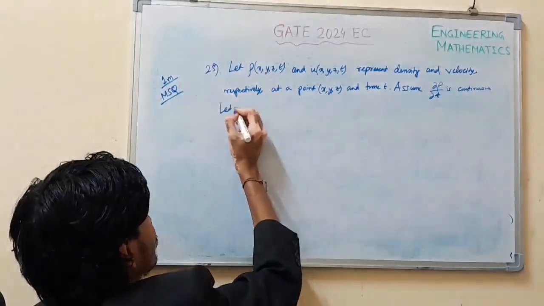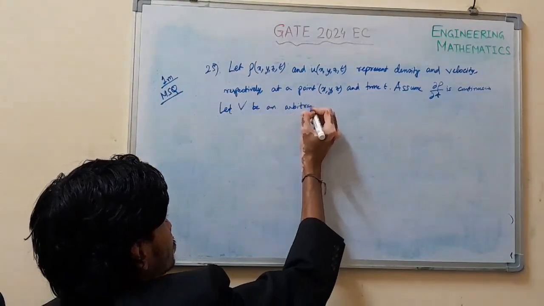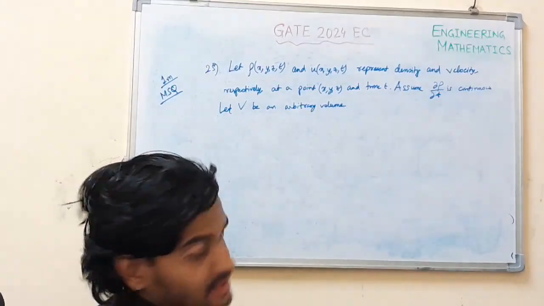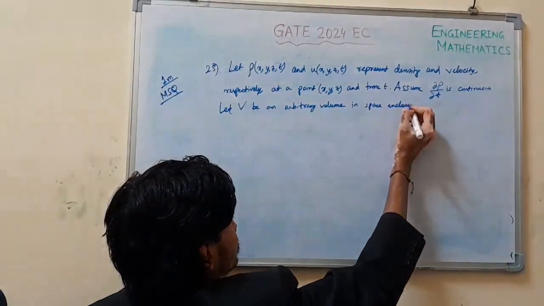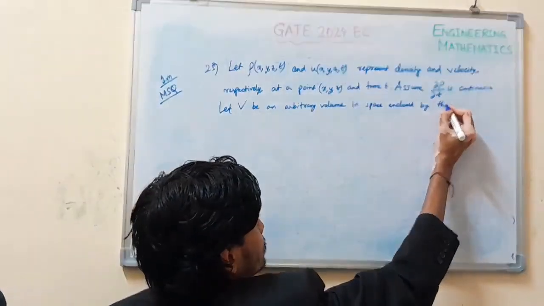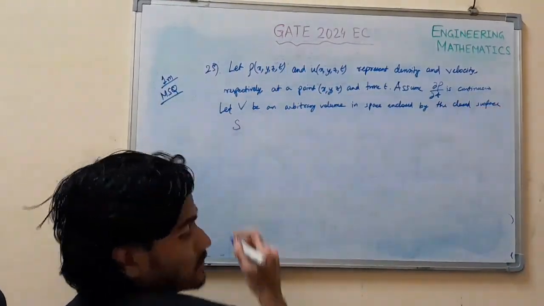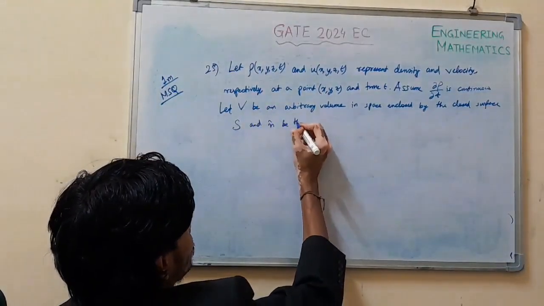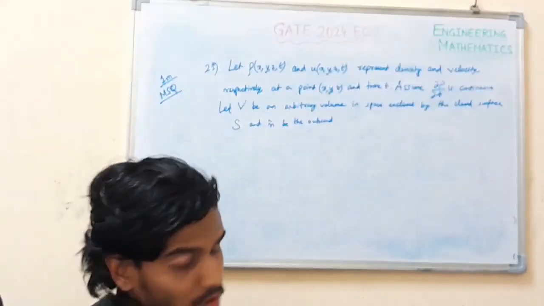Let V be an arbitrary volume in space enclosed by the closed surface S, and n cap the outward normal.